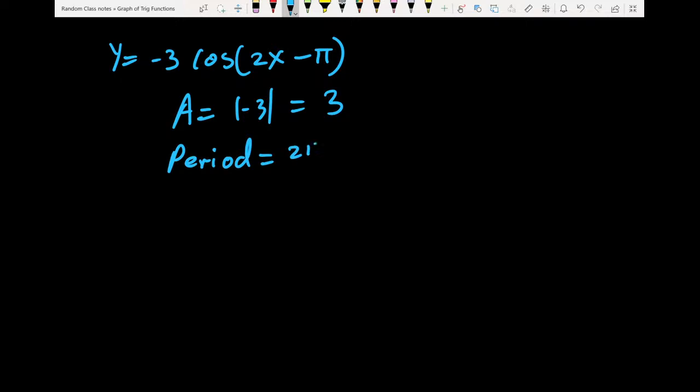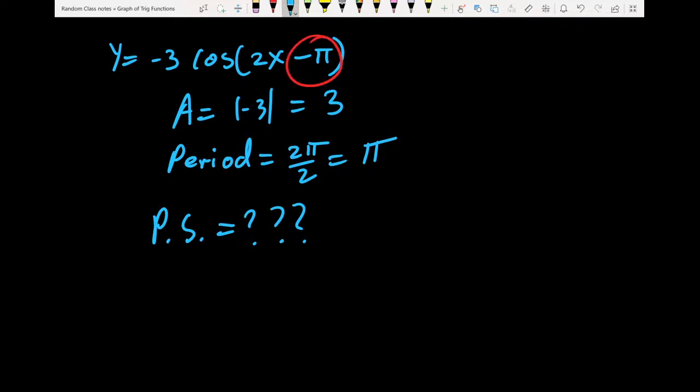Which is what? Yeah, which is pi, right? Now comes the phase shift. This is the crazy one. How do we do the phase shift? This is what we will look at.